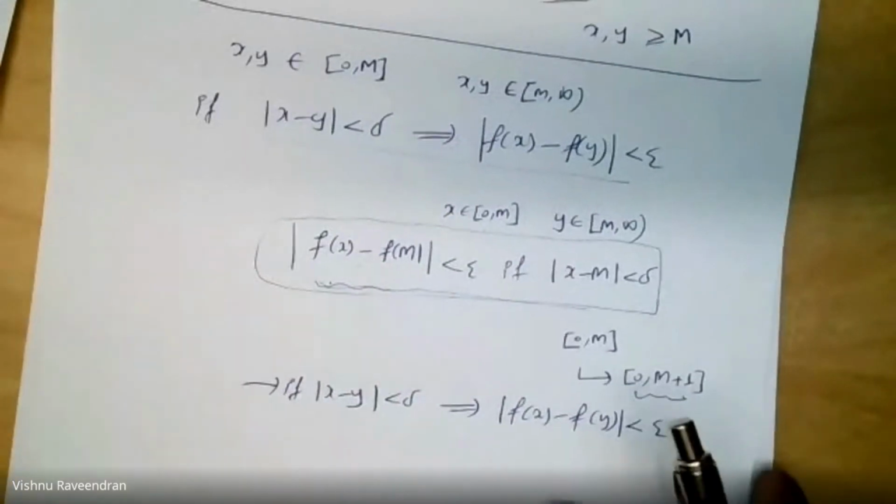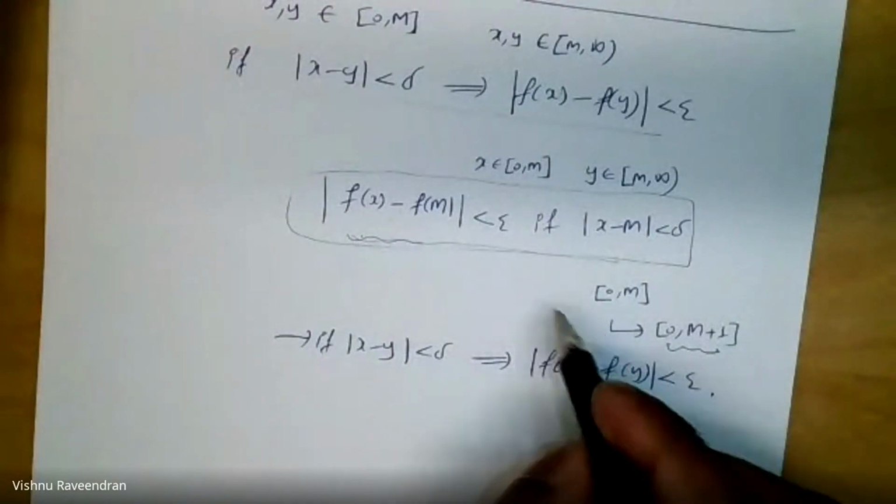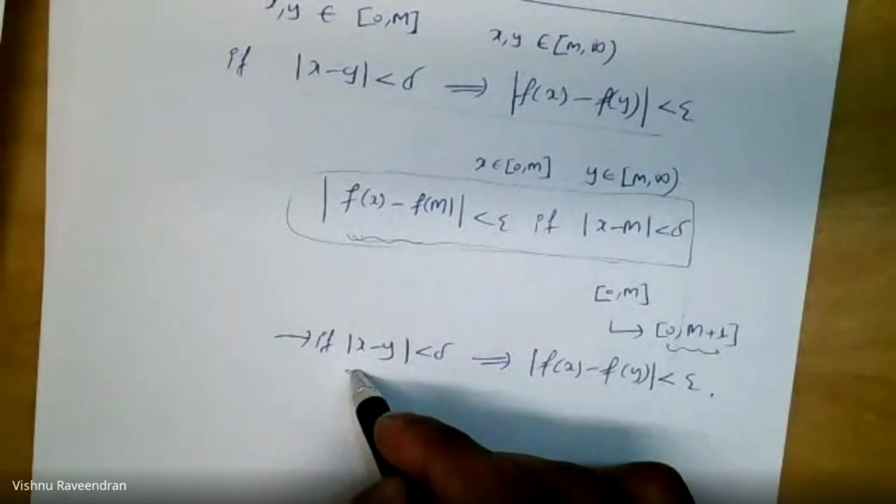Your last proof, you mean the last proof from this? Adding and subtracting one? Here, you mean? No, sir, the last one. How do you want to proceed?